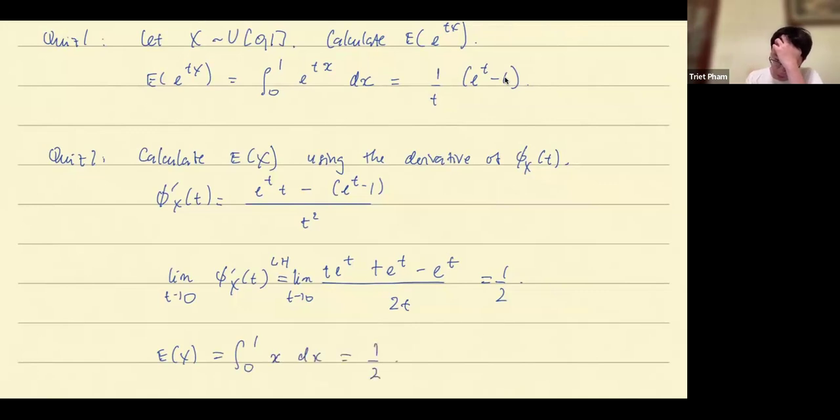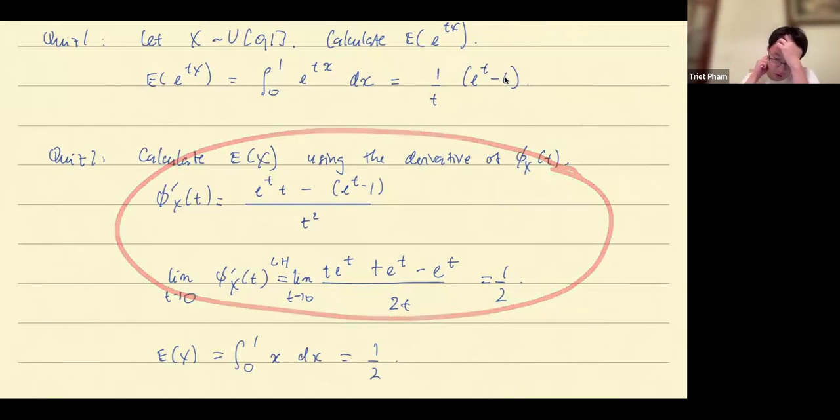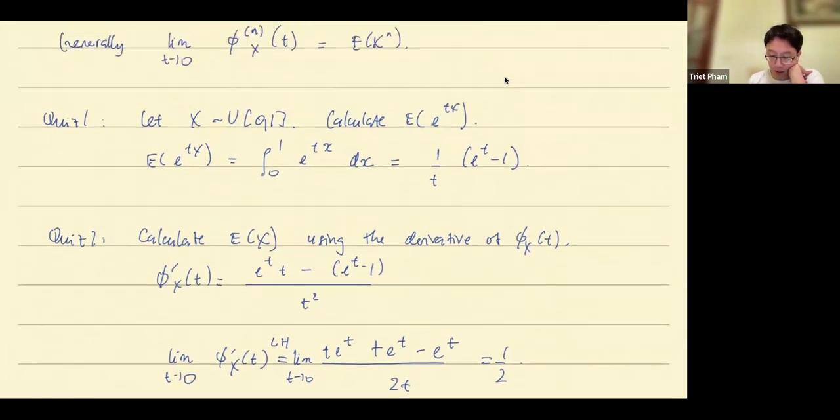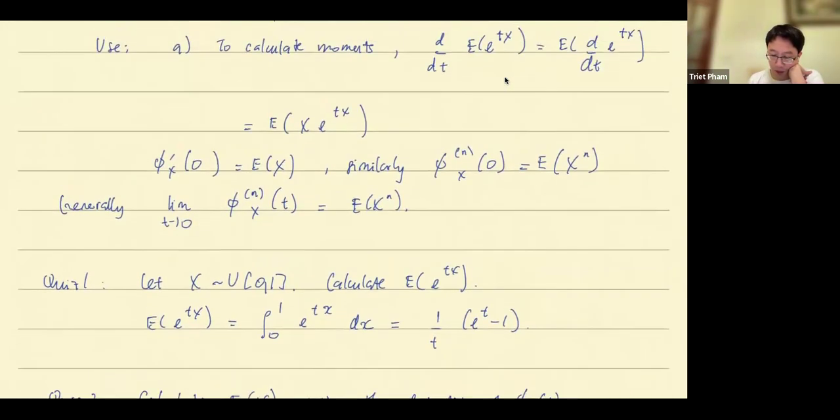So of course this is a much more painful way to calculate the expectation of a normal random variable. On the other hand, it was just meant to demonstrate that yes, you can calculate the moment of a random variable using this technique.